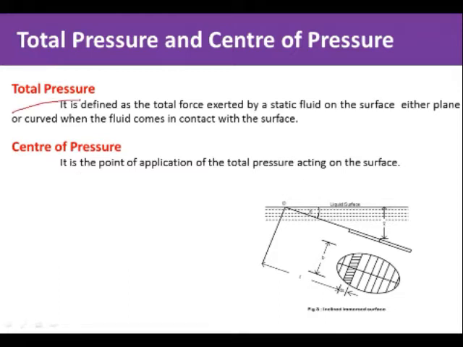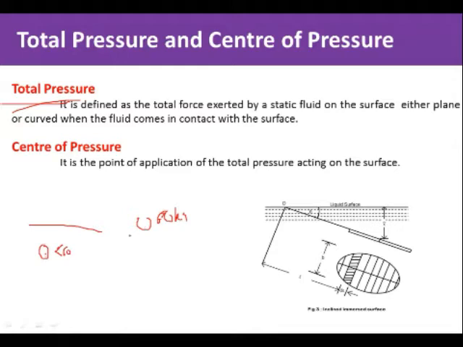Now how can we observe this total pressure force? Have you observed, whenever you go in a swimming pool, or some pond or lake, suppose your weight on the earth's surface is 60 kg, and if you go in water and measure your weight again, you will observe your weight is not 60 kg; it is always less than 60 kg.